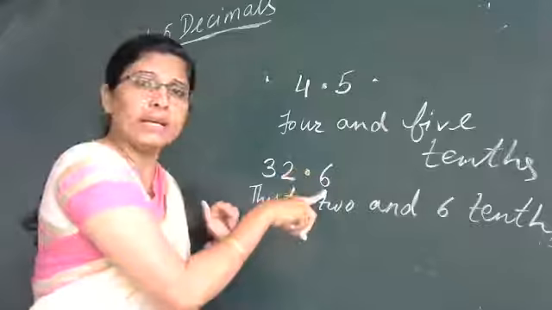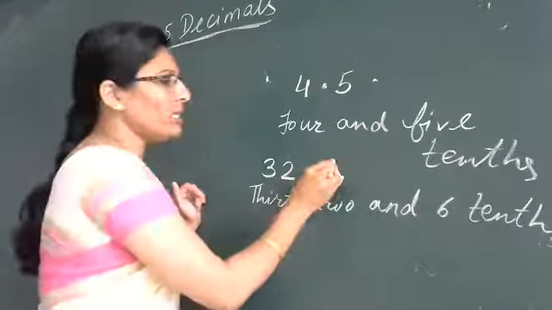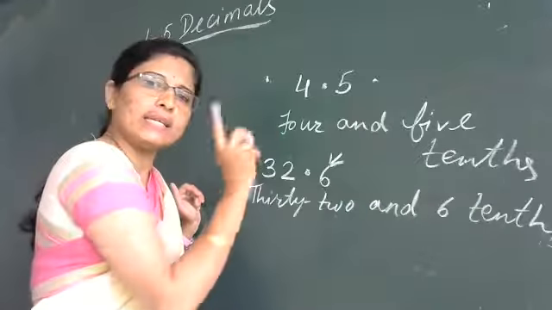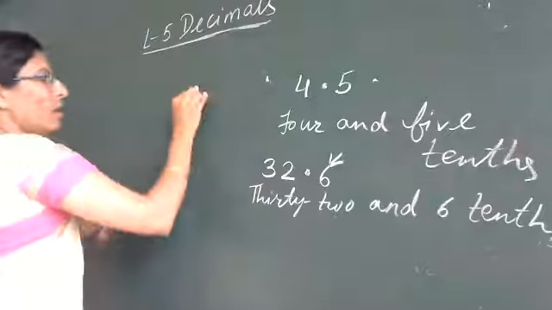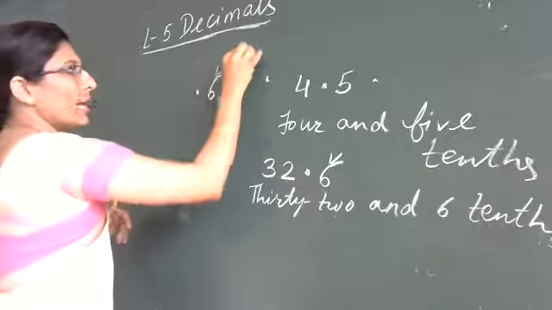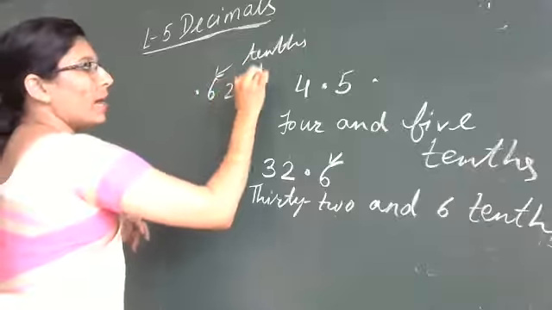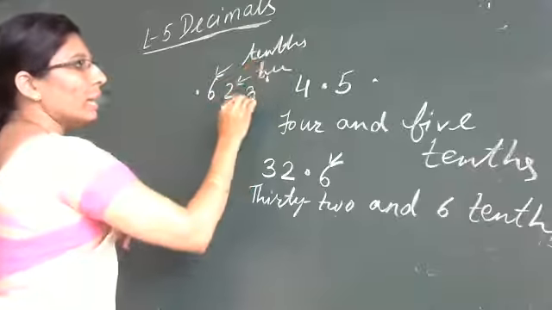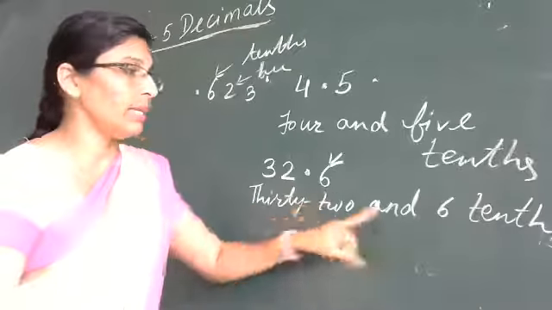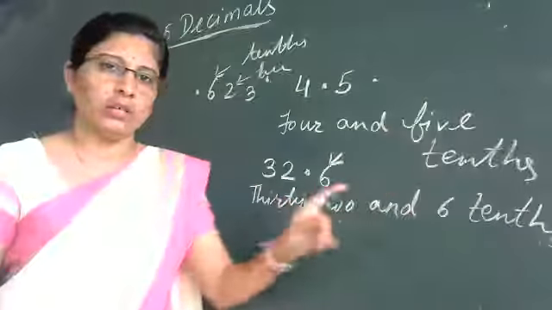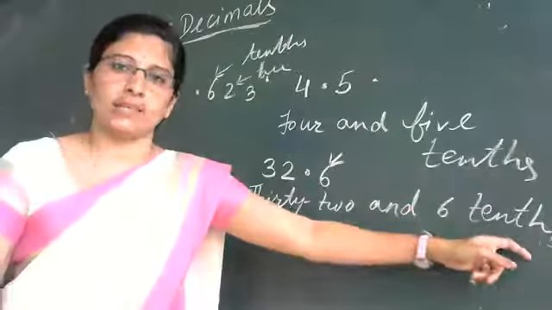After the point, one digit. After the point one digit means it will come as tenths only. This is the first place. First place is tenths. Second place is hundredths. And third place is thousandths. So it is 32 and 6 tenths.